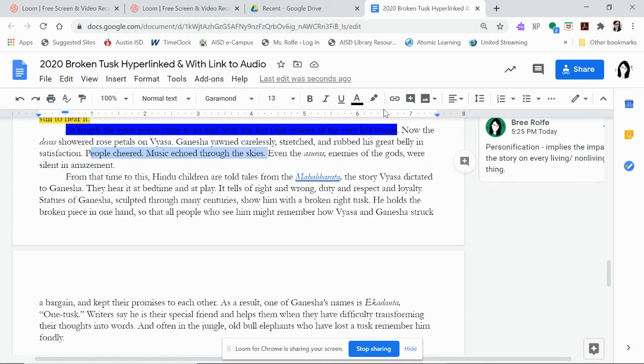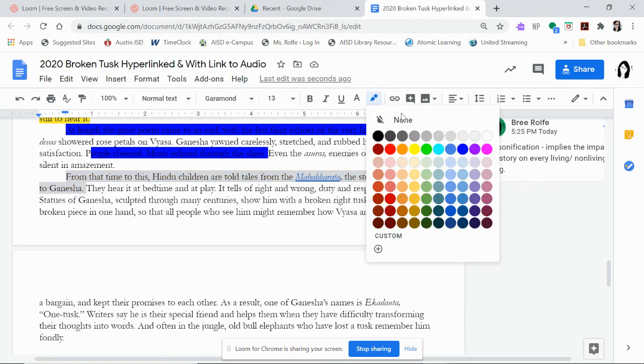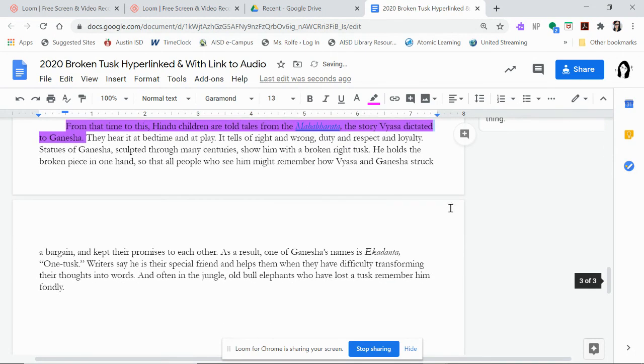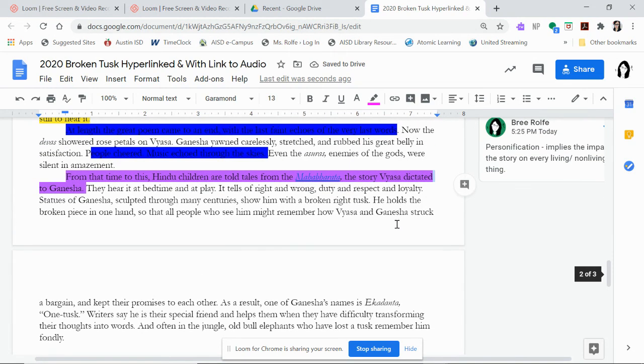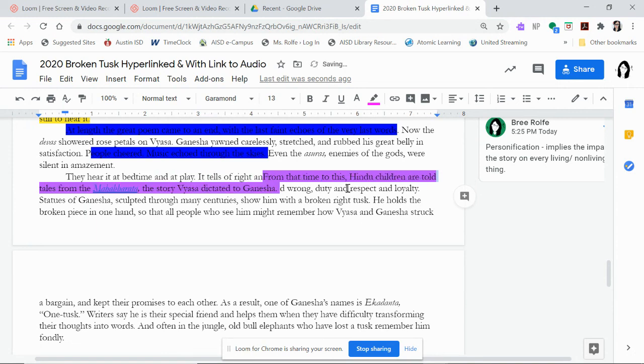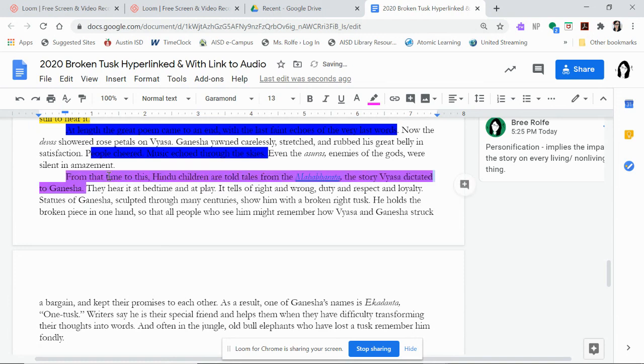More sound imagery. And this is an important detail here, that it is the Mahabharata, which is a very important text for the Hindu religion. And then again, I just want to point out the syntax here. You have that sort of parallel syntax here too. I'm just going to put it in orange, you don't have to.